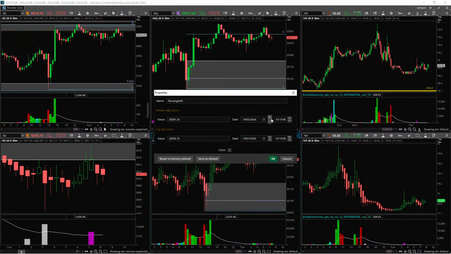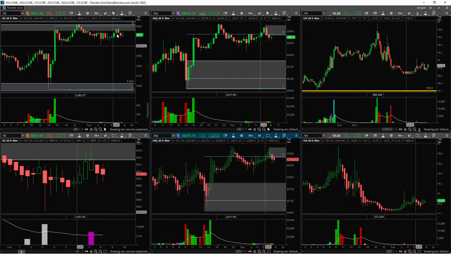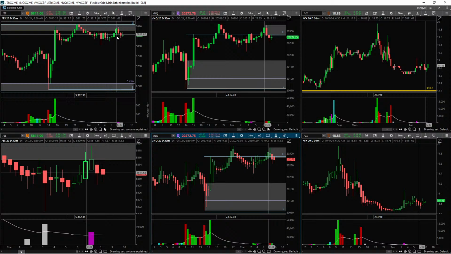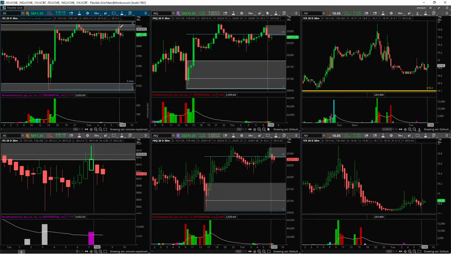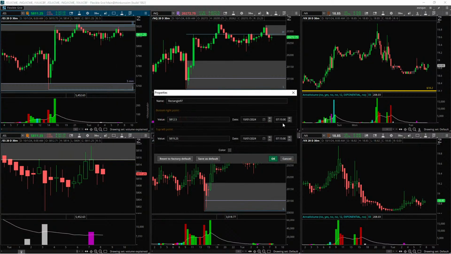Let's do this. This is 7 o'clock. We did the same thing with ES, but we're going to look for 5-minute structure. But ES is already there.